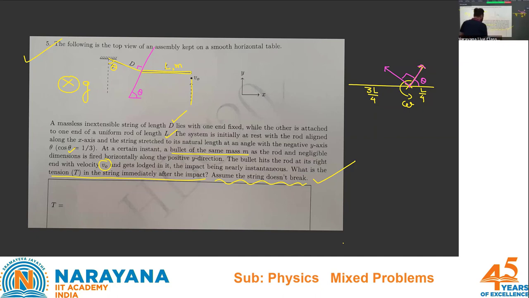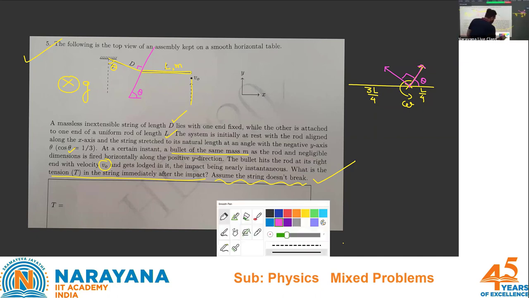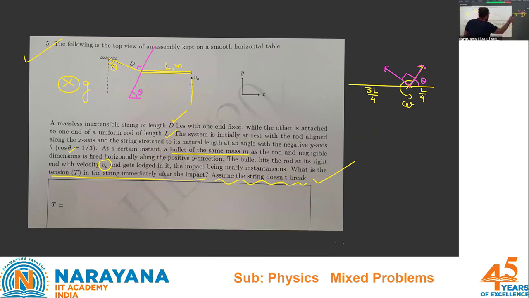What is more relevant for me is that just after the impact, I do generate an omega, and the end point of the rod here acquires a velocity which will be perpendicular to this string. Let us call that velocity u, because by constraint, this end cannot have any velocity along the length.